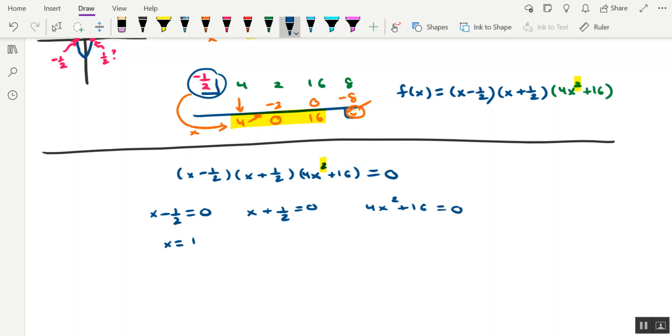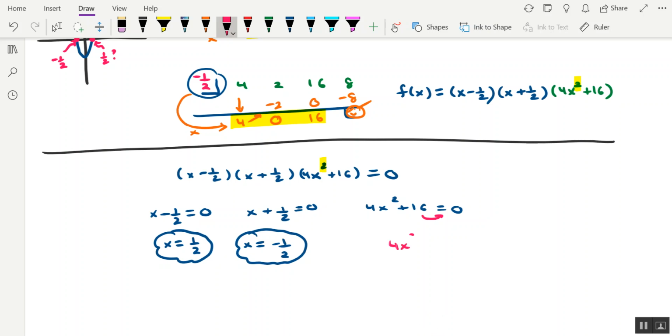Okay, solving the first two equations, we get another verification that 1/2 and -1/2 are real zeros. As for this last equation, I would consider using the square root method. And here's what I mean. We can bounce the 16 over to get 4x squared equals -16, then divide each side by 4, and we get x squared equals -4.